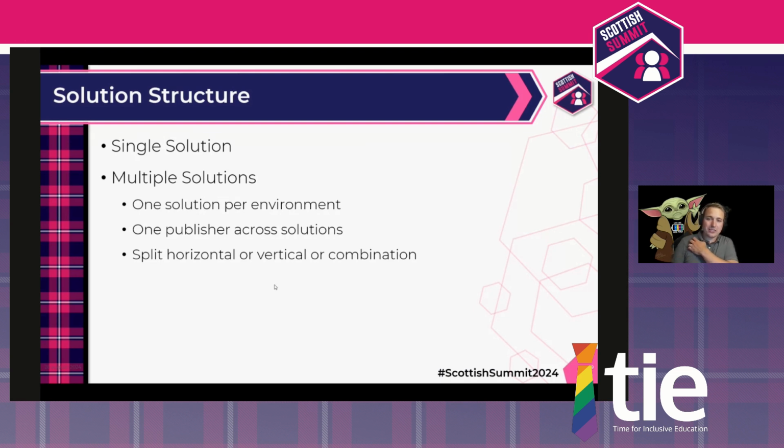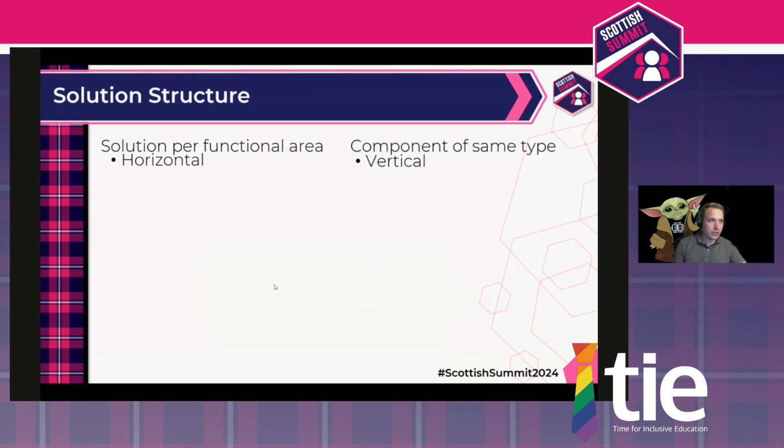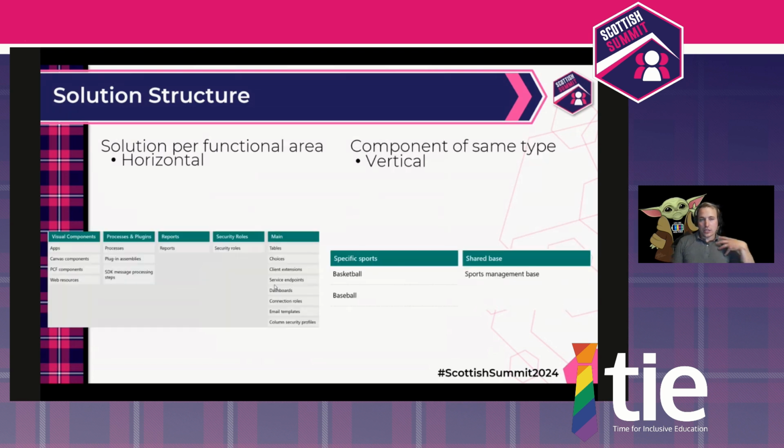And then there are basically two different ways you could structure your solution and split it, if you want to do that. That's either horizontal or vertical, or a combination. According to Microsoft documentation, if you look at horizontal, that's a solution per functional area, for example.